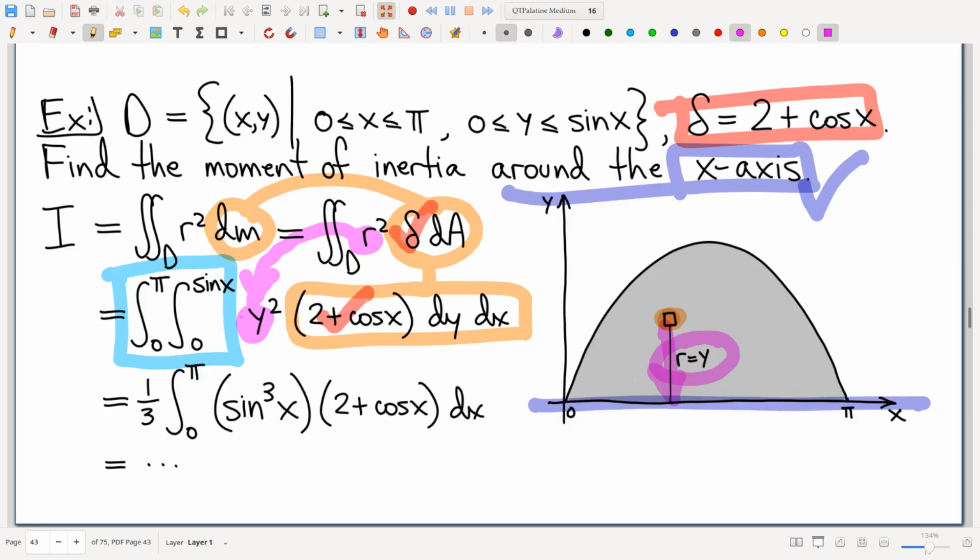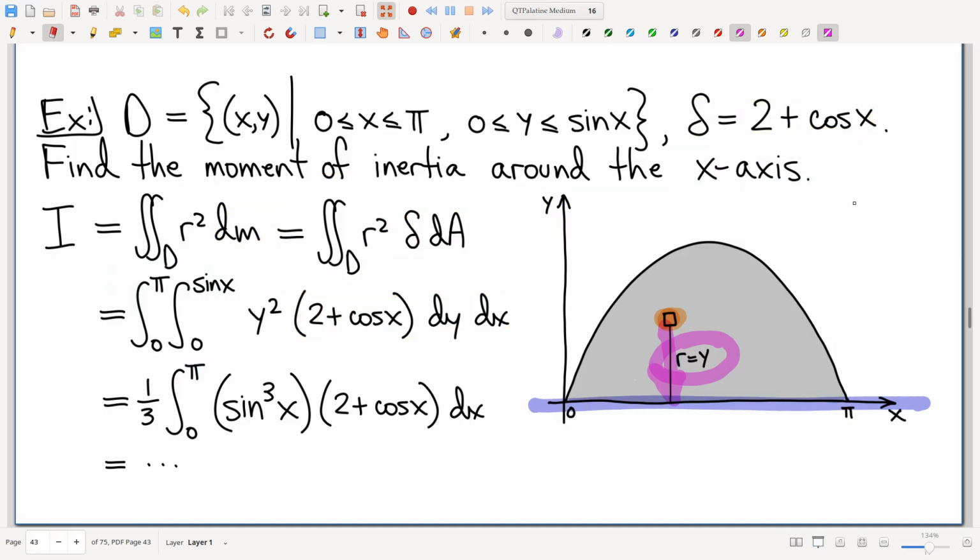It's pretty plug and chug, except for the fact that I did have to make this interpretation of how to interpret R. And notice, not the square root of x squared plus y squared. That would just be way wrong. Yes? The little piece of mass isn't on the y graph. It's in the shaded gray area. Yeah, that's right. I'm sorry, I interrupted. Go ahead. So how would R be y?